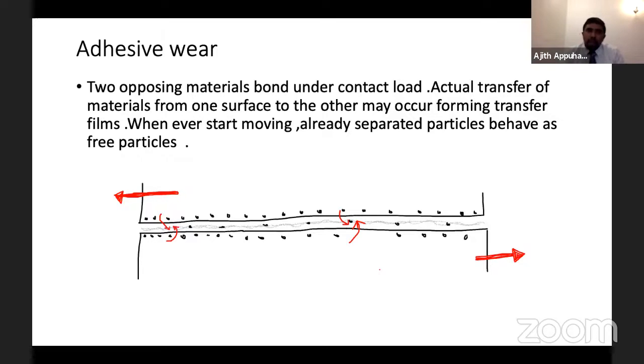what happens? The articular surfaces have molecules, they transfer from one surface to the other, and they form a tiny transfer film. What happens when they develop the tiny transfer film is that all of a sudden the articular surface starts moving, and the already separated part attaches to the articular surface.